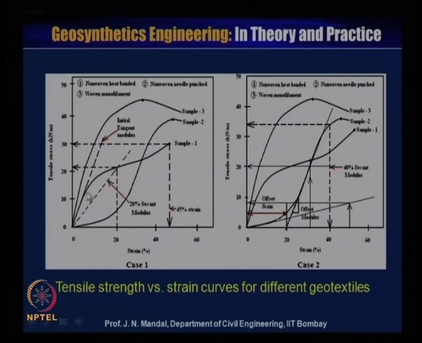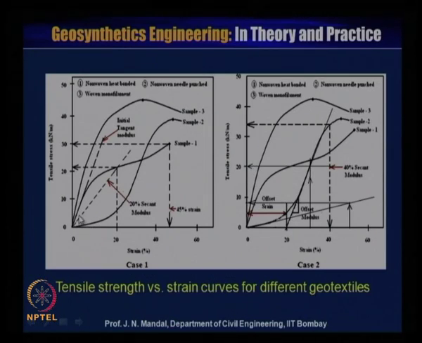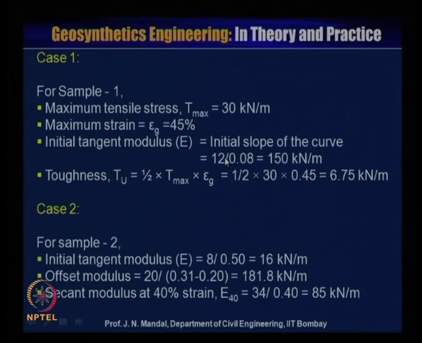Correspondingly, you can determine the tensile strength and the corresponding strain value. So, you can see that is the initial tangent modulus, and about here 12 and the corresponding strain value is 0.08. So, we can have 12 by 0.08 is equal to 150 kilonewton per meter.